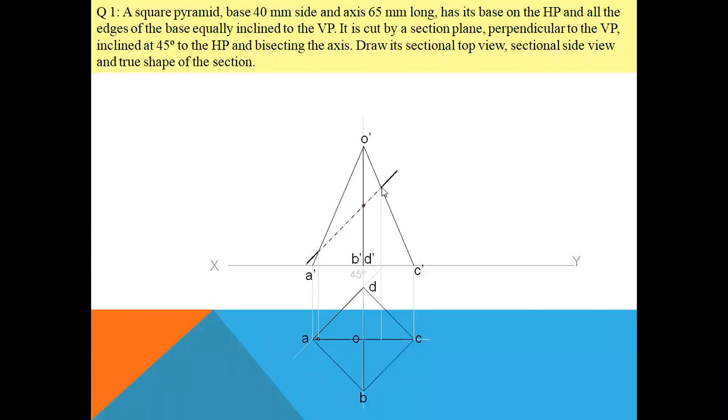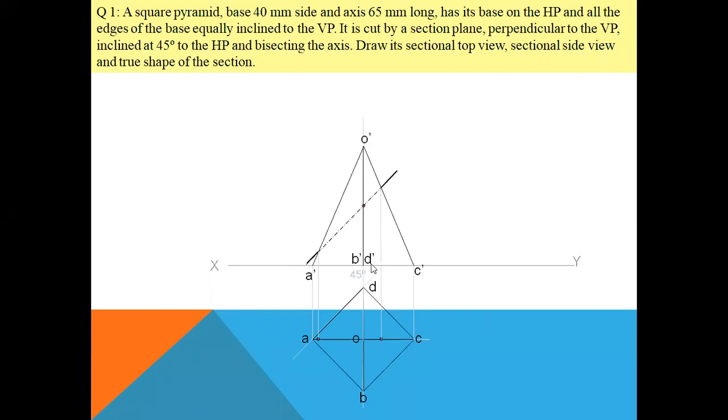Next, O dash C dash is being cut at this point and we are taking a projection on the line OC. So O dash A dash previously we are cutting and we are taking a projection on OA. O dash C dash we are cutting, we are taking a projection on OC. So these 2 points we have got, right?